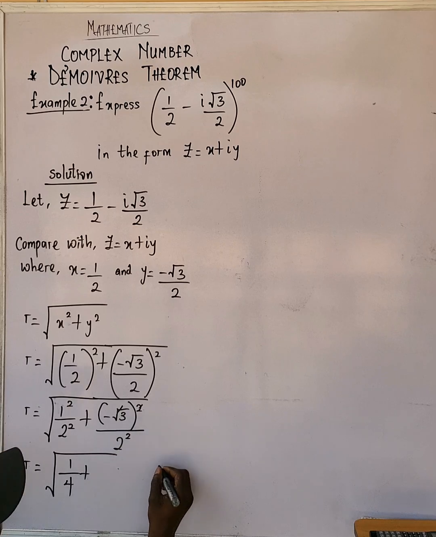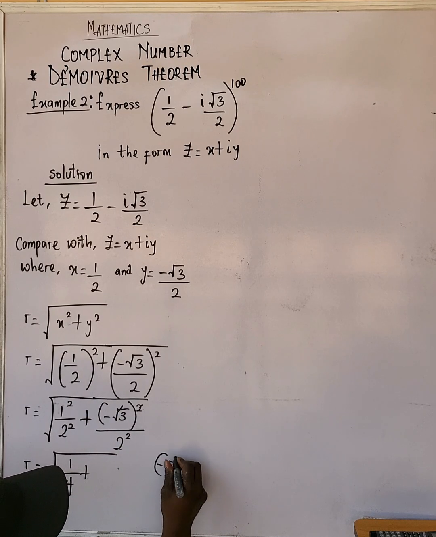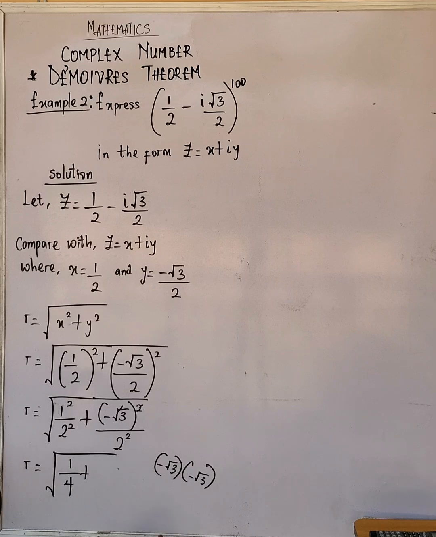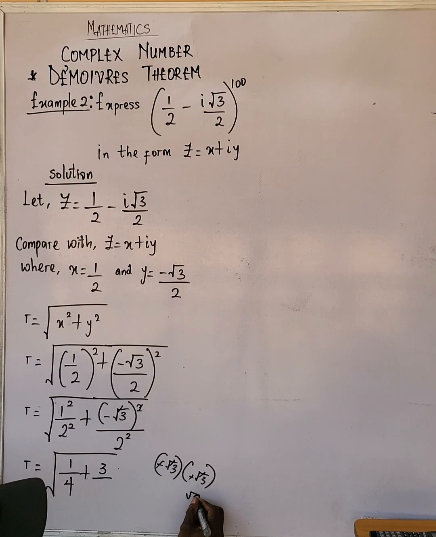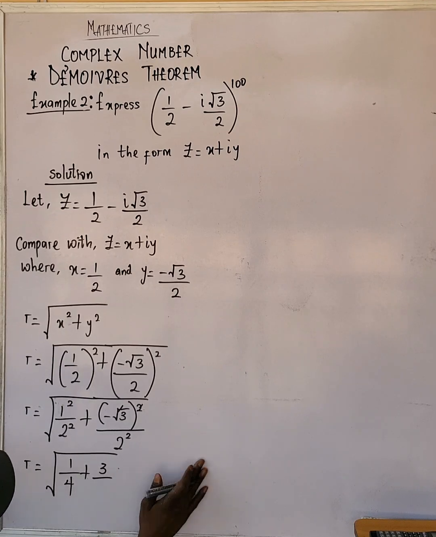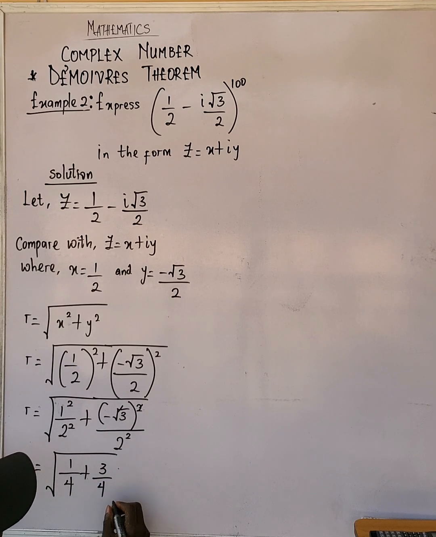Minus square root of 3 squared: minus cancels minus, root 3 times root 3 gives square root of 9, which is still 3. Then over 2 squared, which is 4.